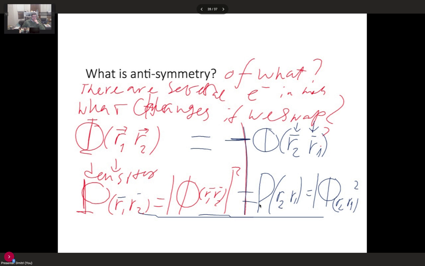But we want to compose a product, or maybe something similar to a product, of these one-electron wave functions in such a way that upon swapping the order of electrons, the sign of the wave function will change.